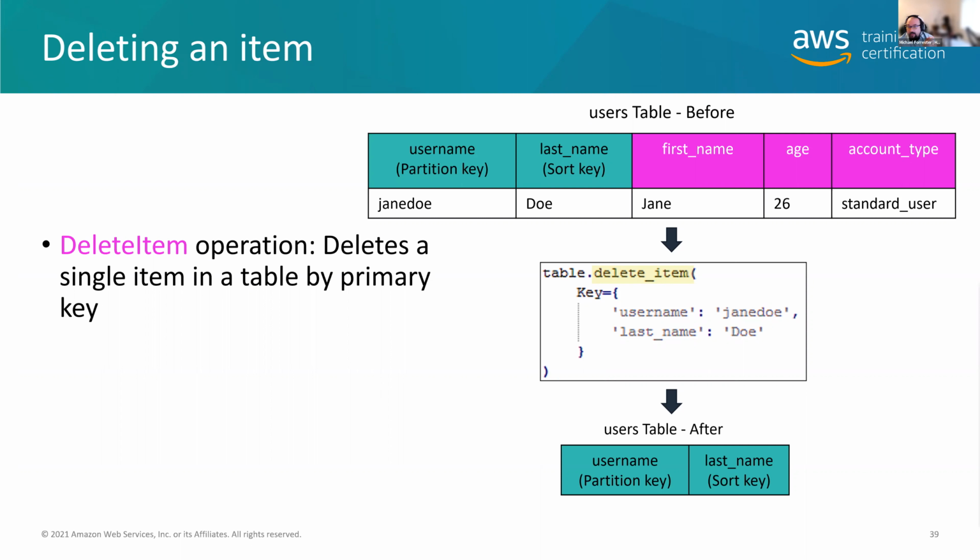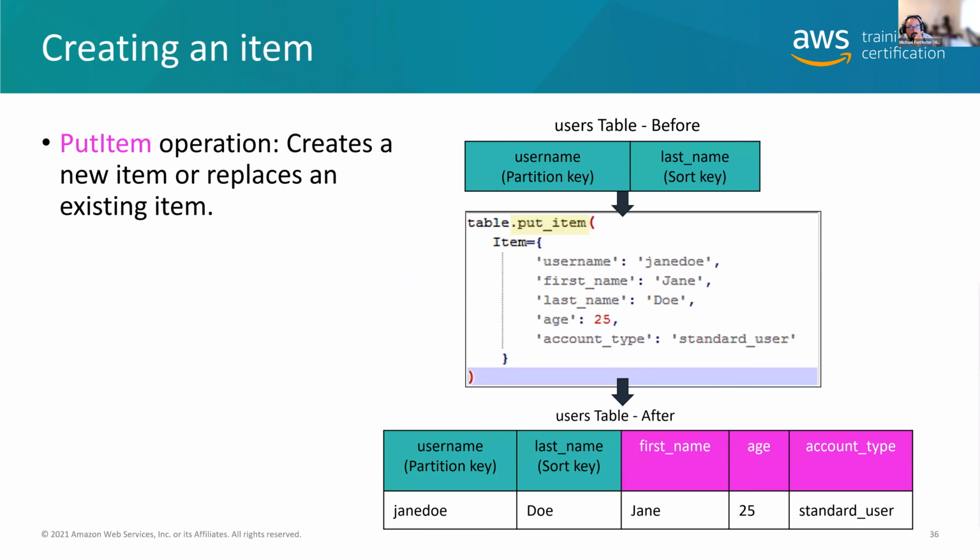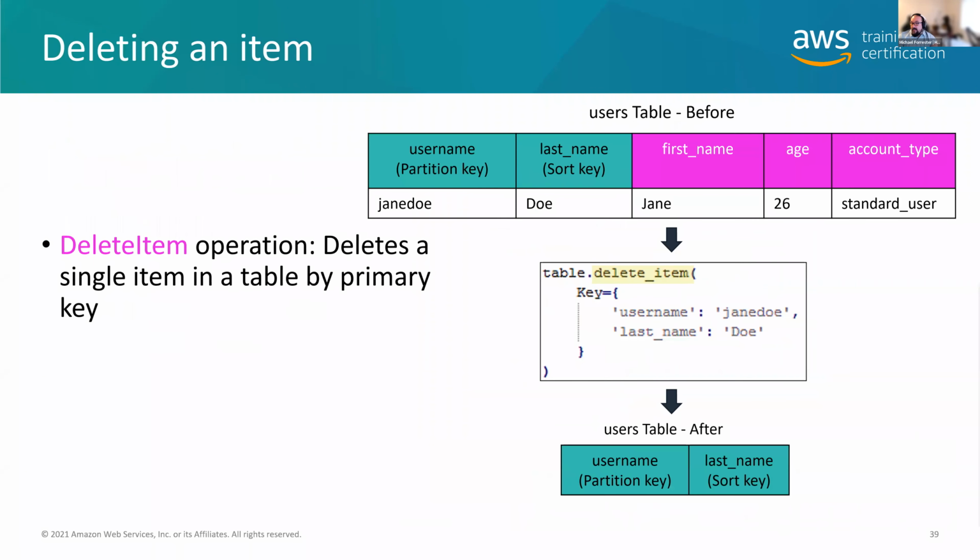You can, by the way, put conditional expressions for your deletes. You can also put conditional expressions for your puts as well. This is the one where you could say, look, I'm going to retrieve the value because I'm doing financial information. It's $50. I'm going to add 50, but only if the value is still 50. So you can put conditional writes into the put item and the delete item.